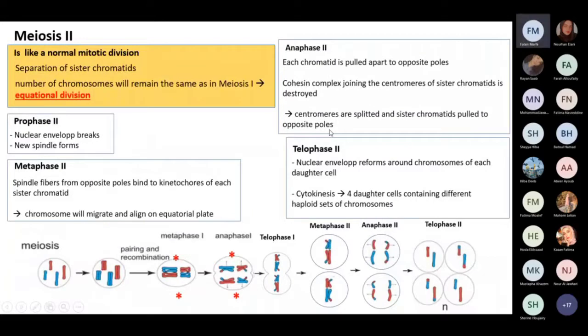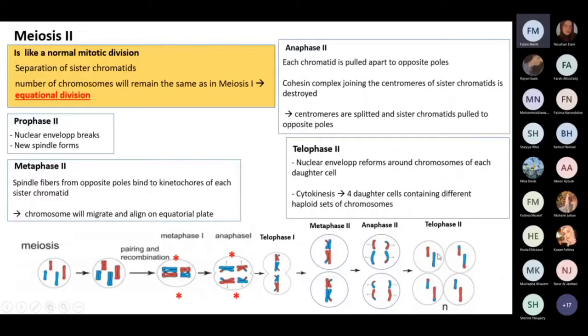So here each, in the anaphase 1 here. The metaphase 2, we will have the chromosomes on the equatorial plate, and then during the anaphase, each chromatid will be pulled to one pole of the cell.